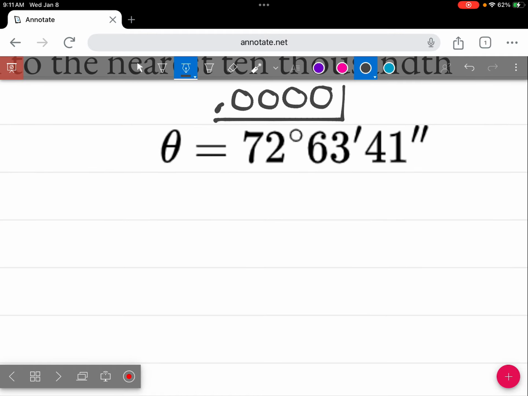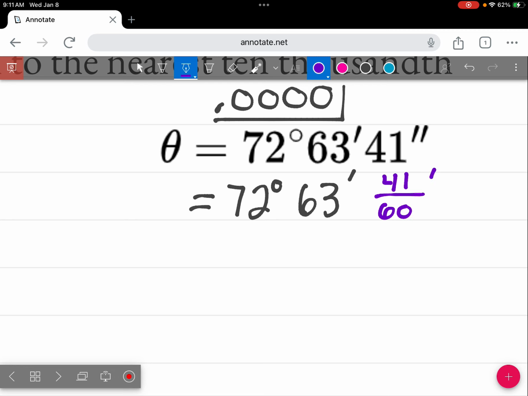I'm going to take my 41 seconds and make that minutes by dividing it by 60. So we're going to have our 72 degrees, 63 minutes, and my 41 over 60 minutes. Because we're going to take our seconds and convert them back to minutes.